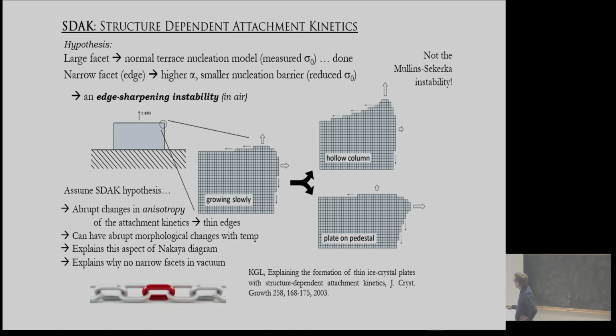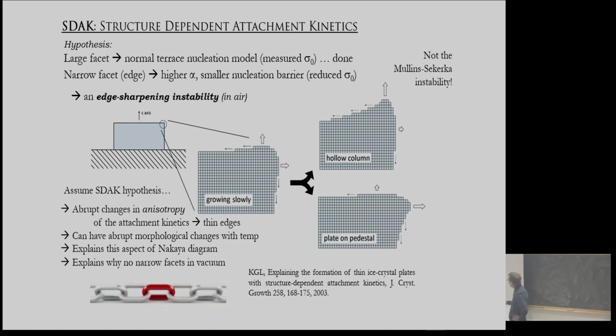But if you have this narrow facet edge, then for some reason that I will specify later, but we don't have to worry about it, this is a hypothesis. We're going to say for some reason that has a higher alpha, and we're going to model that by saying it has a smaller nucleation barrier or a smaller sigma 0. That's a good way to model it. The only way, that's just a parameterization.